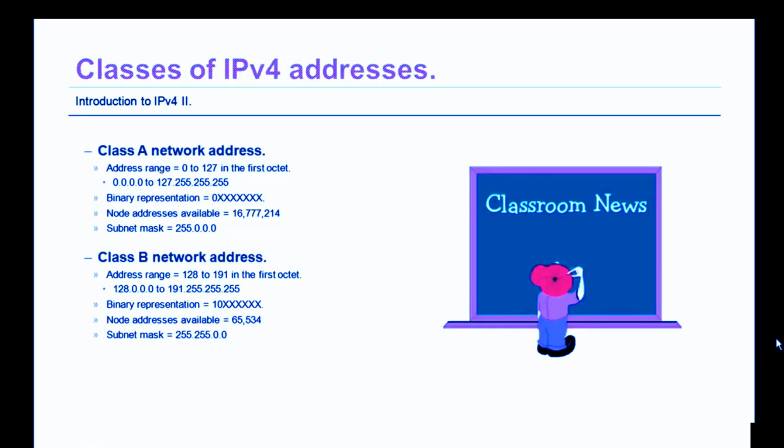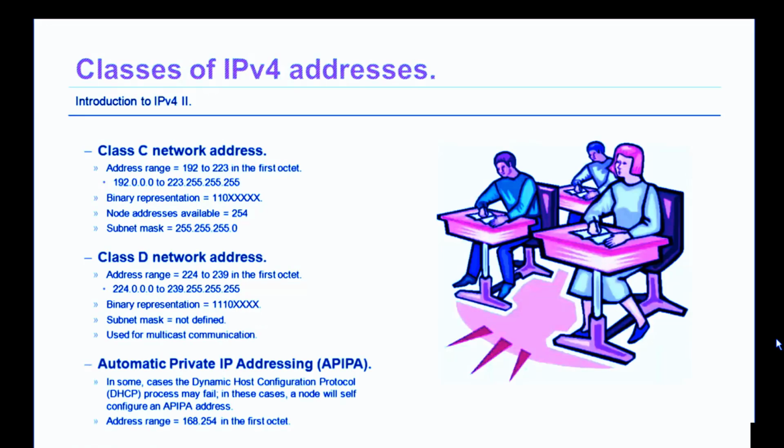Now, Class B network addresses give us a possible 65,534 hosts. And the subnet mask used with a Class B network is always 255.255.0.0.